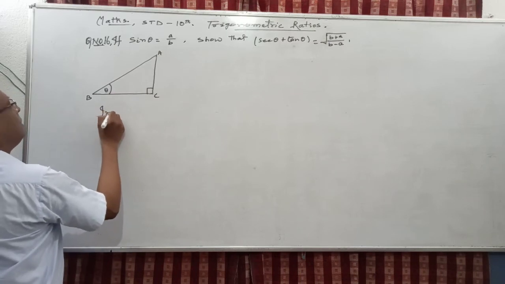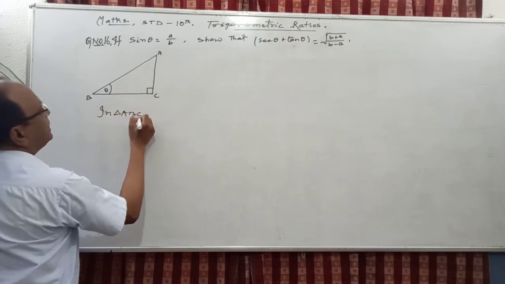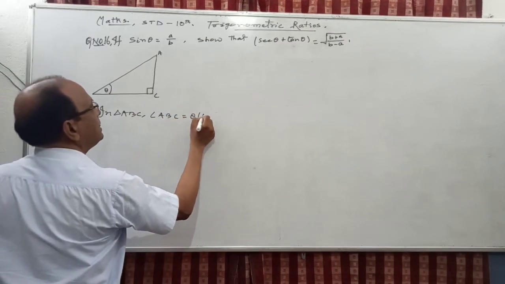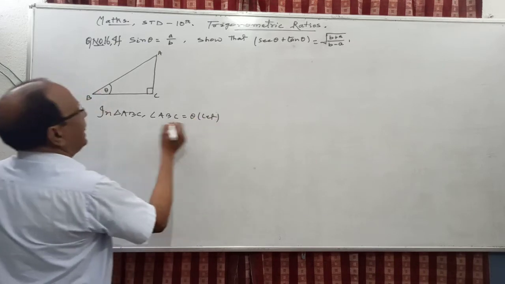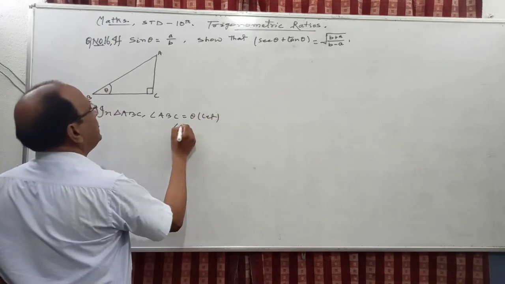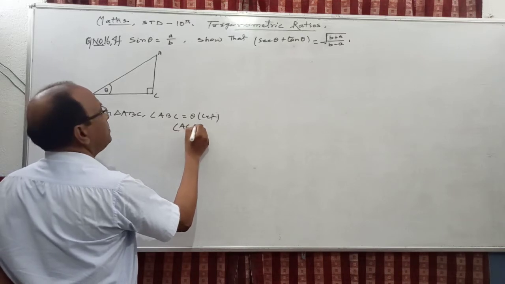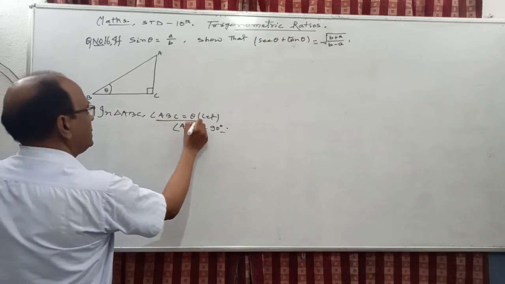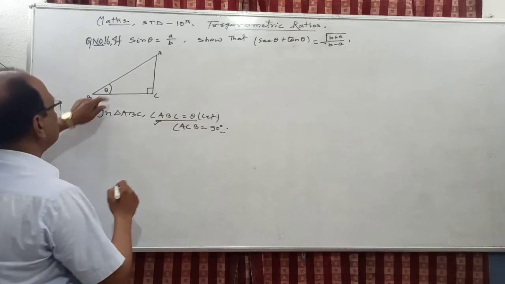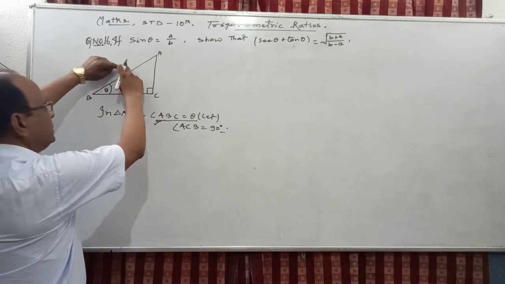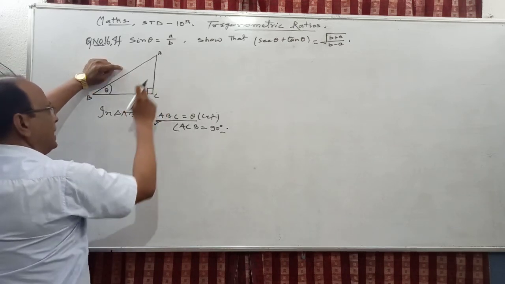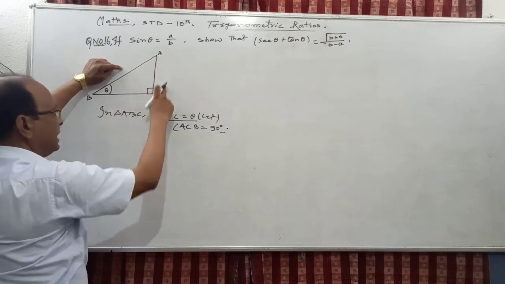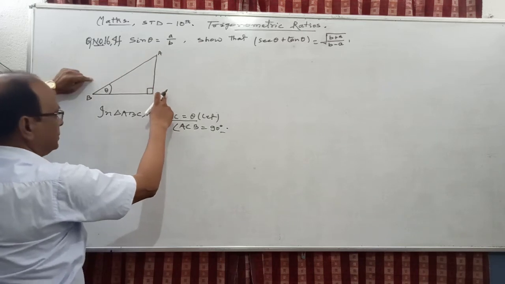So in triangle ABC, angle ABC is equal to theta and angle ACB is equal to 90 degrees. So if this angle is theta, it is H hypotenuse, it is perpendicular and it will be base. So we take BC as base, AC as perpendicular and AB as hypotenuse.